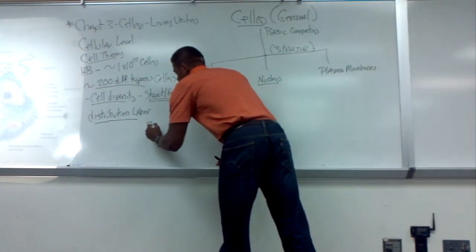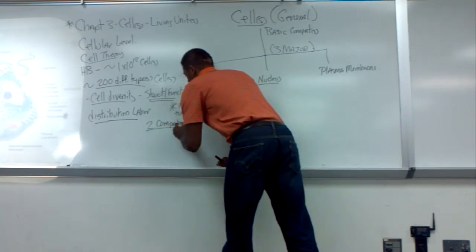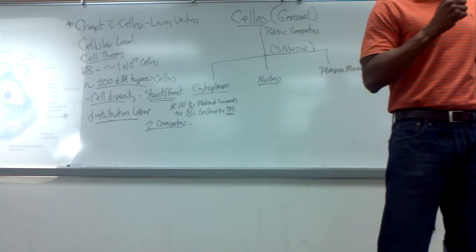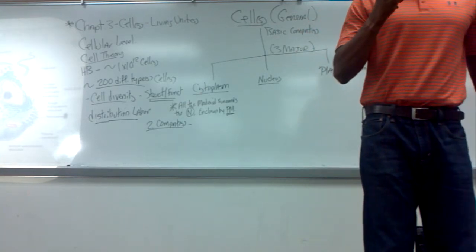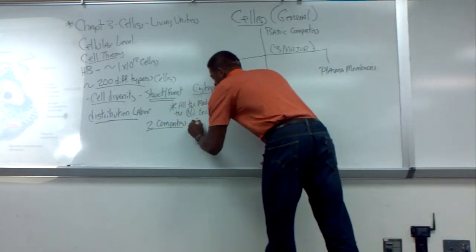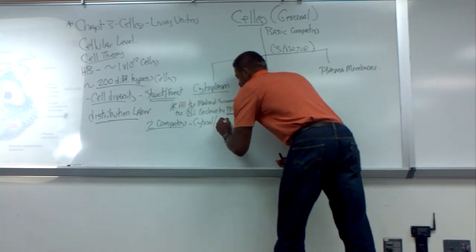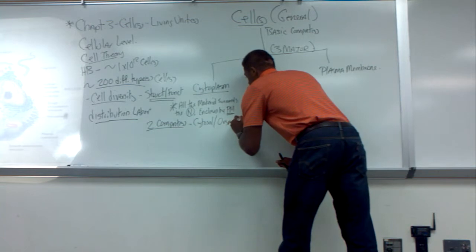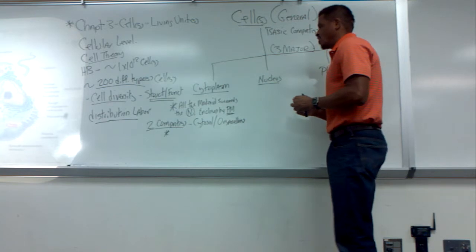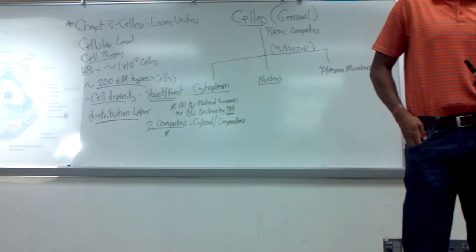Two components. And the two components of the cytoplasm of these cells will be our what? The cytosol and the what? Organelles. So we have the two major components: we have the cytosol, and we have our organelles. And when we take a quick look at the cytosol of the cytoplasm of the cell, the cytosol will be the intracellular fluid.